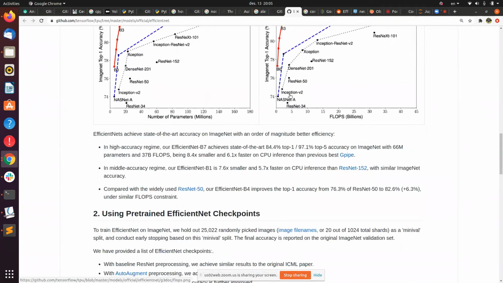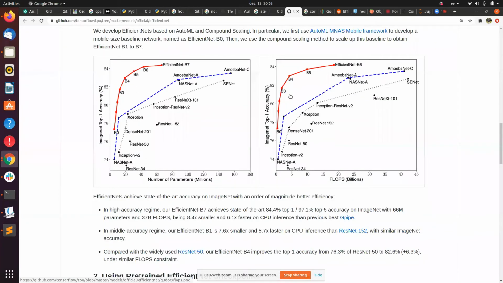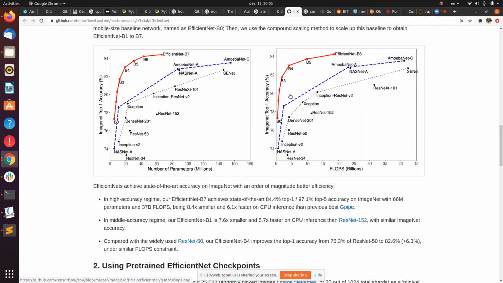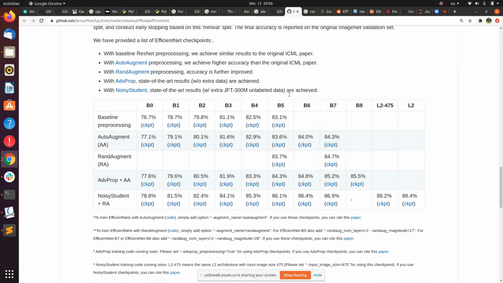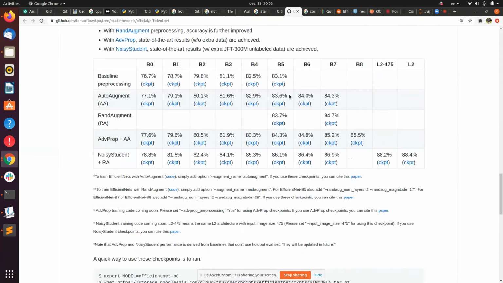But the way they have done it is a kind of student-teacher setup. You run once and it gives some false negatives. You correct them, run it again, and this is the semi-supervised learning that they have applied. This is the accuracy, how progressively they have improved from baseline to Noisy Student.